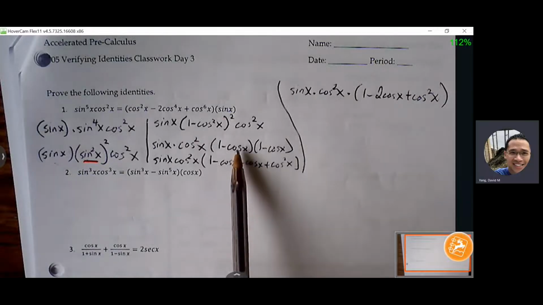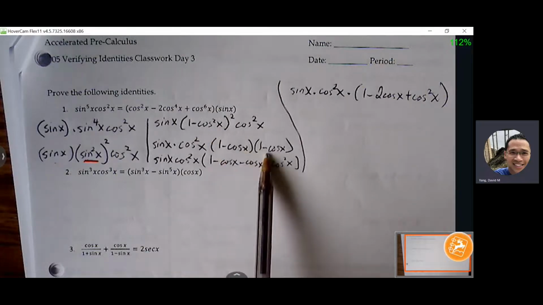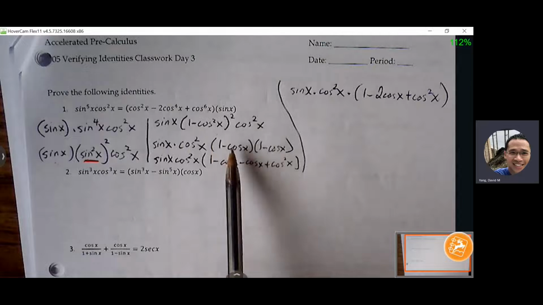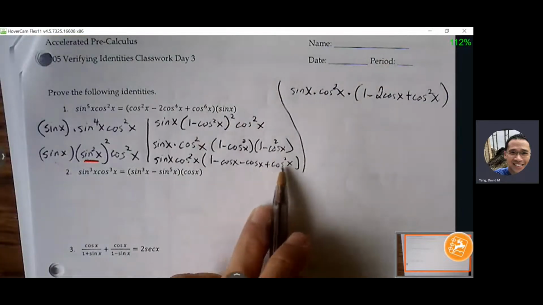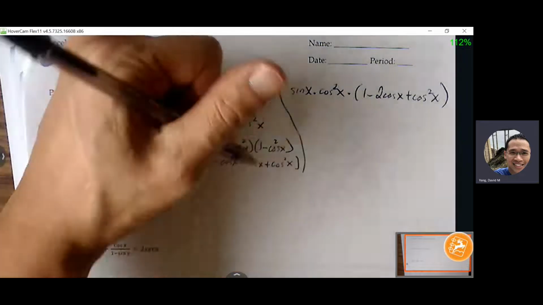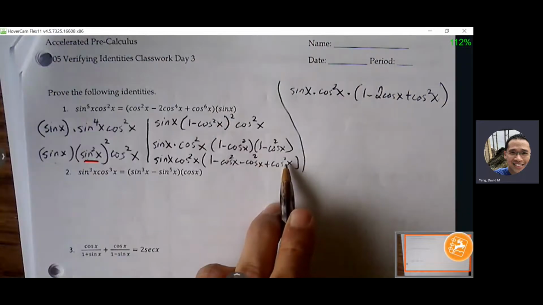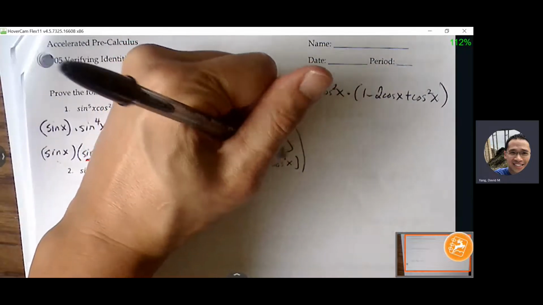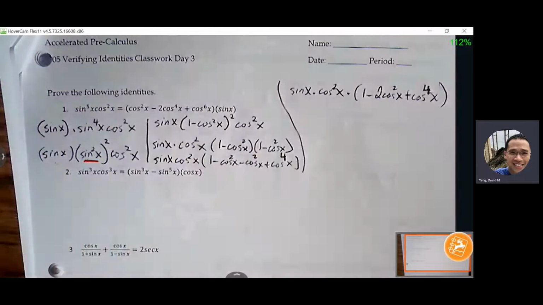My bad, guys. Here, I need to write this out as 1 minus cosine squared times 1 minus cosine squared, right? Because there's two of them. I left that exponent out, which means that all this has to be changed as well. This is 1 minus cosine squared, and this is what? Cosine to the fourth. Yeah, sorry about that. Okay, that's better.